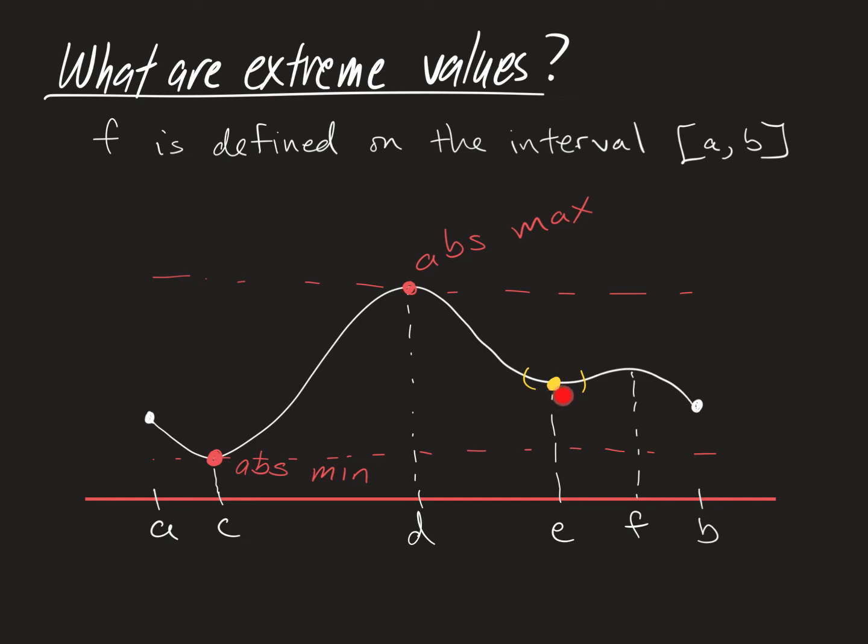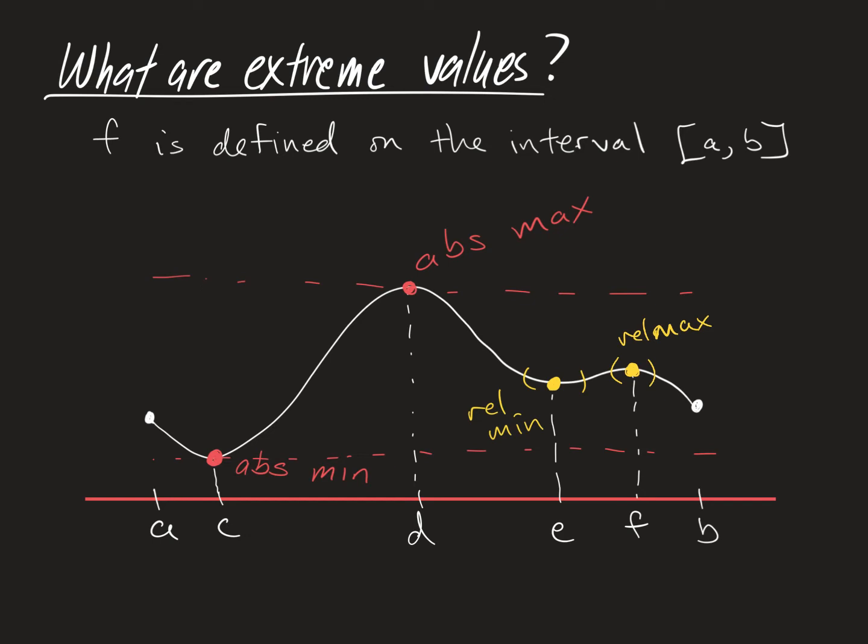So there's a minimum there. And likewise, there's a maximum here. But again, it's not the absolutely tallest point or highest point on the graph, just within a little area or a little interval around it. So we would call these relative mins and a relative max.